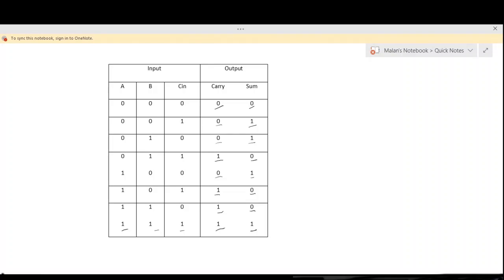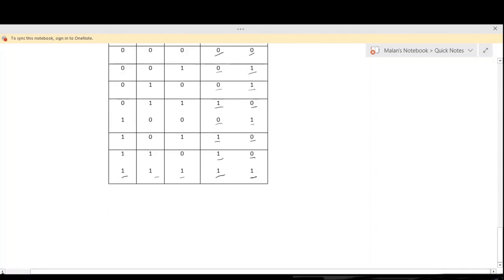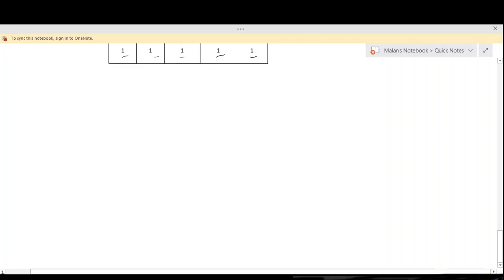Now once we identify the truth table of the full adder, our next task is to identify the Boolean functions represented by the full adder. Carry and sum are the two outputs. For these two outputs, we have to plot the K-map and identify the Boolean function. Three variables are there, so I am going to use three-variable K-maps.